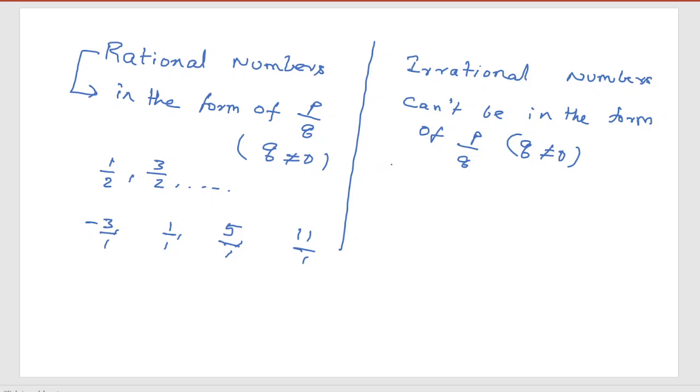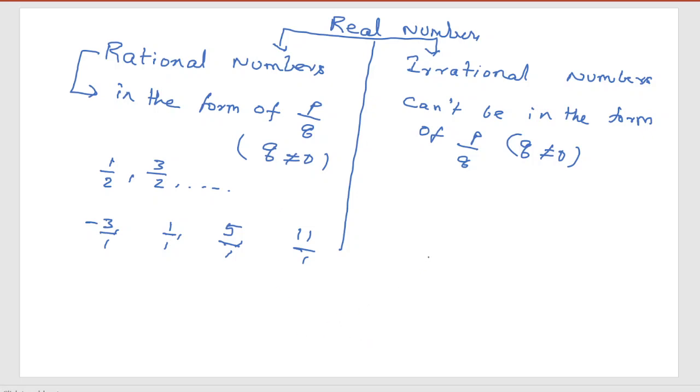That is the difference. I hope you understood the meaning of rational numbers. Now, one more thing: if you combine rational numbers and irrational numbers, we say it is the real numbers.